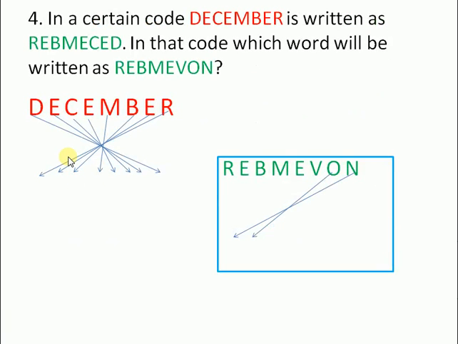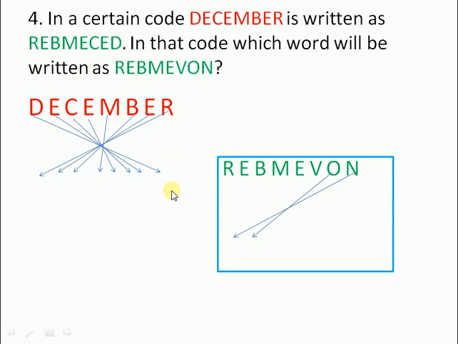Now the fourth question, it's a different type of question. DECEMBER is written as REBMECED. In that code, which word would be written as REBMEVON? Here, the encrypted word is given. We have to find out the original word. So how is DECEMBER written in the form of REBMECED?